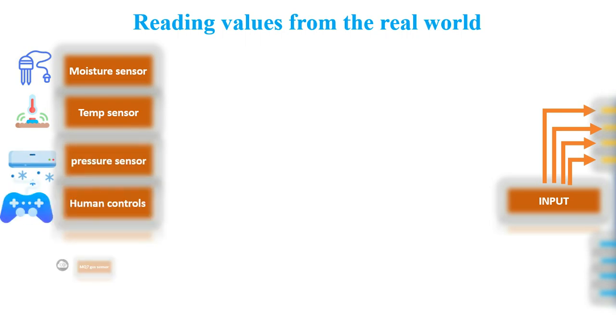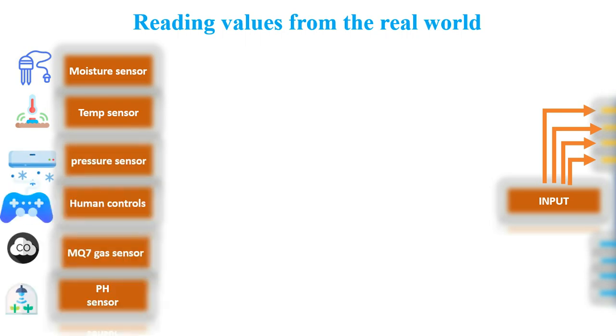So what can we read from the real world? We can read moisture using the moisture sensor, temperature using a temperature sensor, and pressure. We can apply human controls as digital in this way.